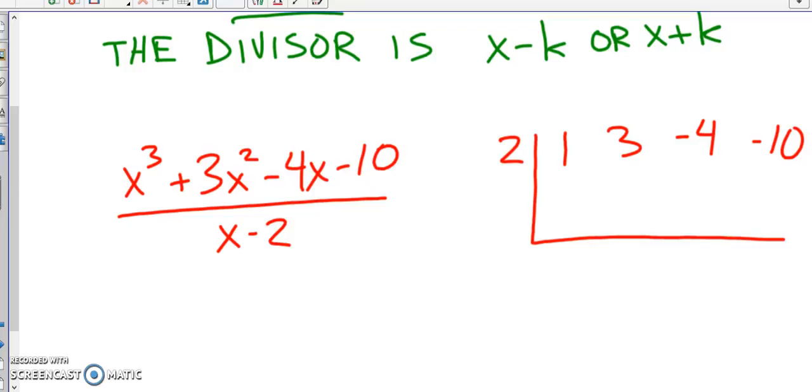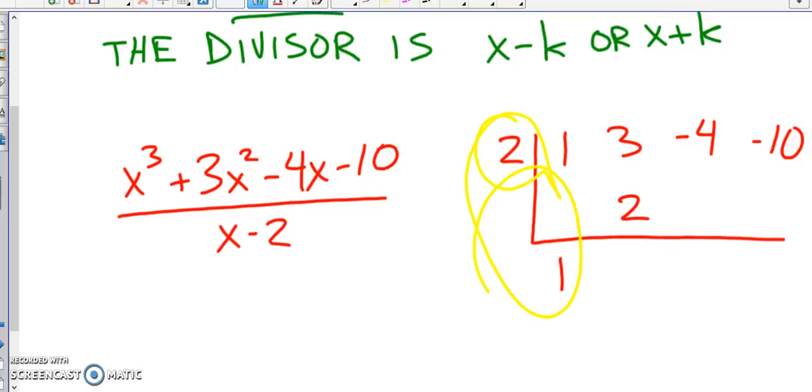All right. So first thing I do when I work this problem is I bring down the 1. Then this 1 times this 2. Basically that 2 paired with that 1 right there, I'm going to multiply those together, and that's going to give me 2 here. Then I'm going to add. 3 plus 2 is 5.